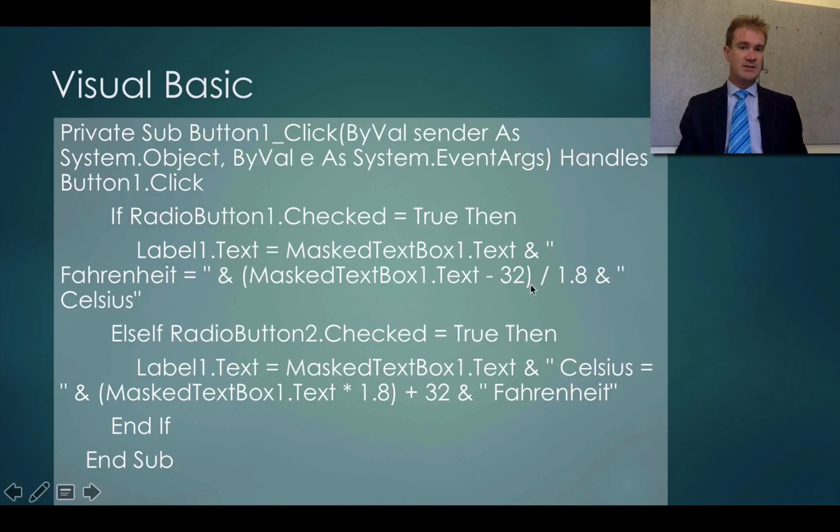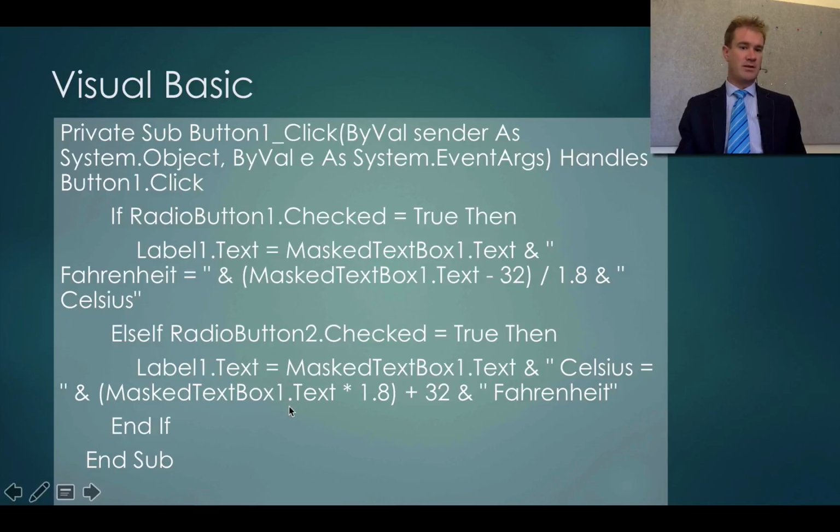So basically what that's doing is saying set the label, the output to the display, text as Fahrenheit equals, and then do the conversion of what they entered before. Else if, that's basically another way of saying else. So else if radio button 2 is checked, which is radio button 2 checked equals true, then set label 1.text equals the information from the text field that they've entered, and then print the label as Celsius equals, and do your conversion.